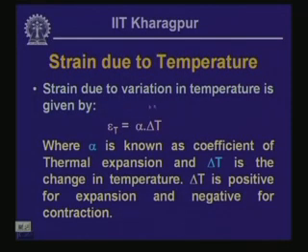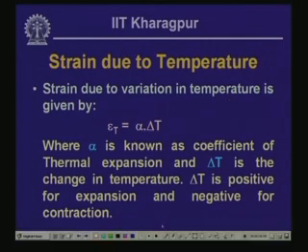That variation in temperature causes a change in the length of the member, which we call deformation, and that deformation leads to strain in the body. Strain due to variation in temperature is given by this expression epsilon t, where epsilon t is the strain due to change in temperature, and delta T is the change in temperature.